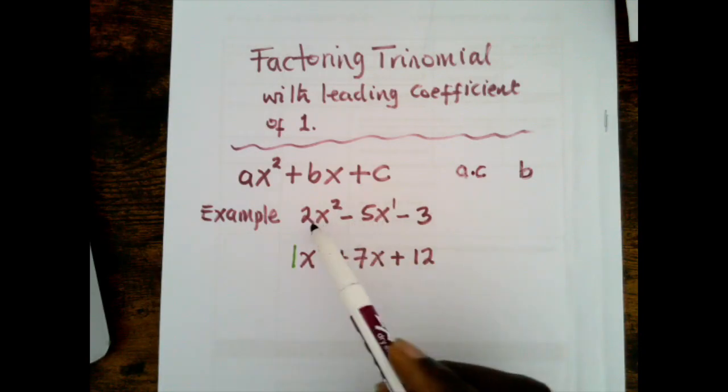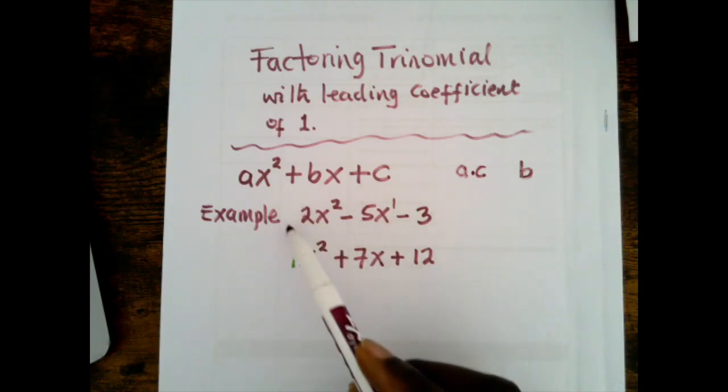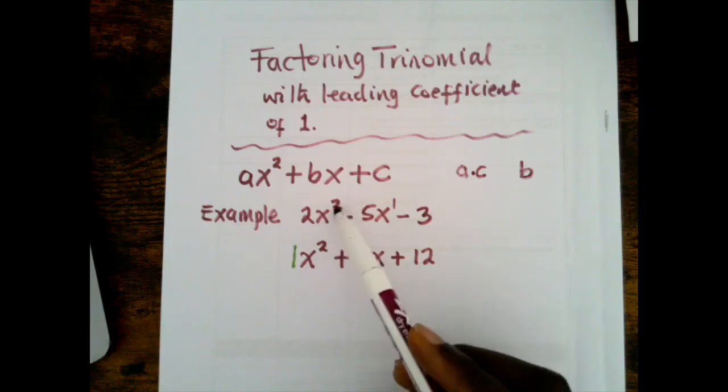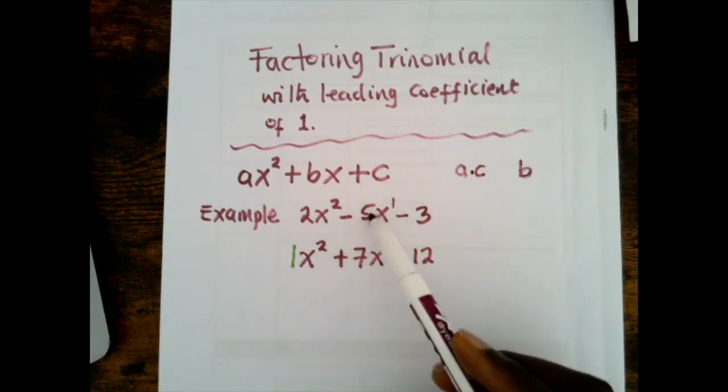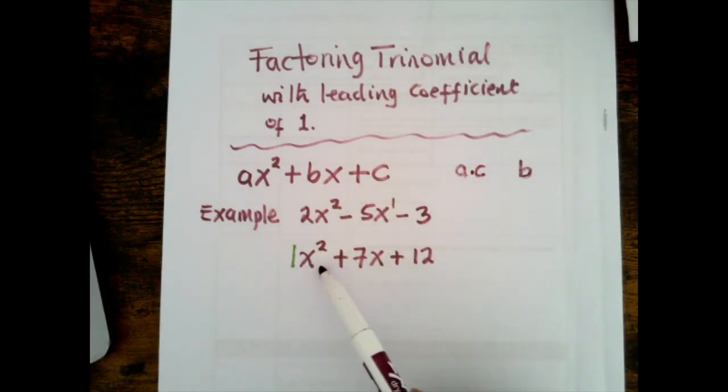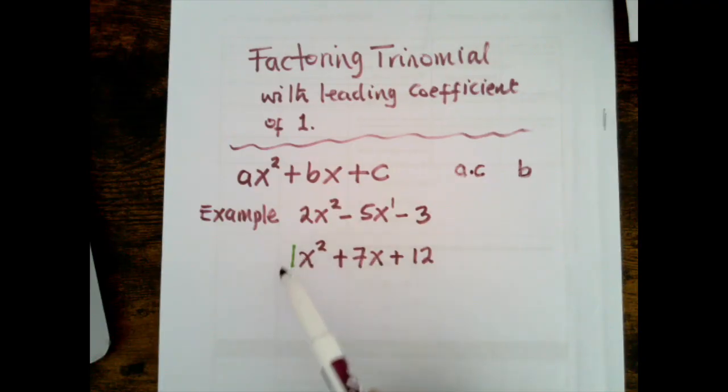In this example, 2 is the leading coefficient because 2 is multiplying the highest exponent term. Negative 5 is a coefficient, but it's not the leading coefficient. In the next example, 7 is a coefficient and 1 is a coefficient, but because 1 is multiplying the highest degree term, 1 becomes the leading coefficient. Once we understand this vocabulary, we can go ahead and start factoring.